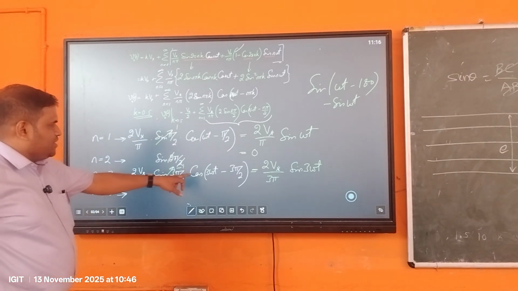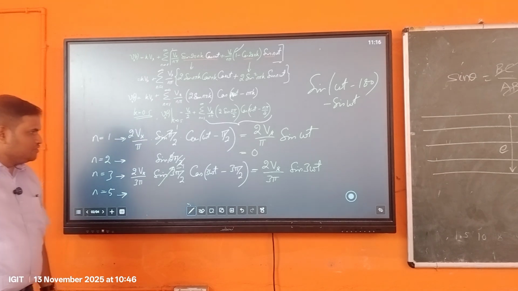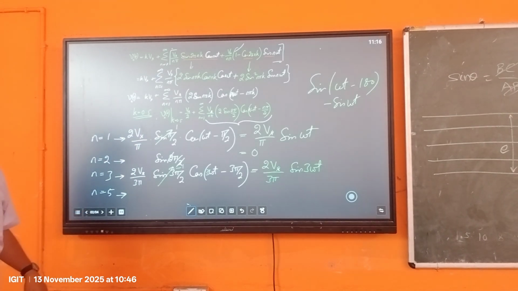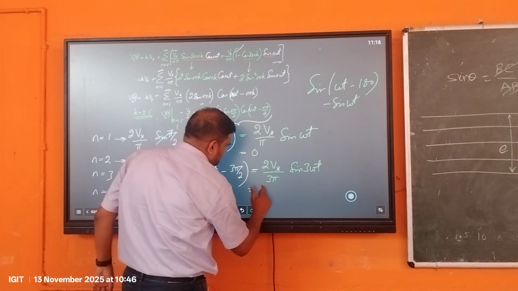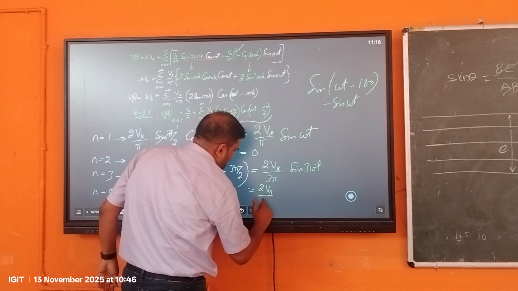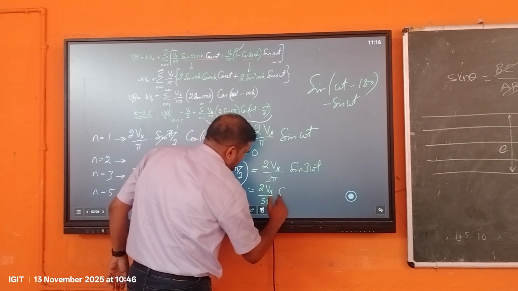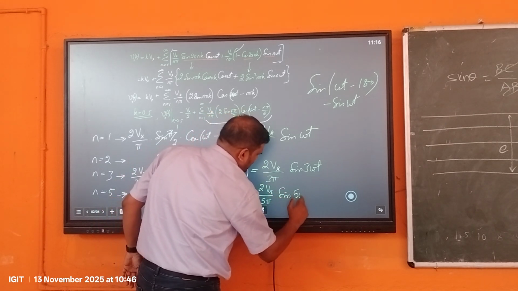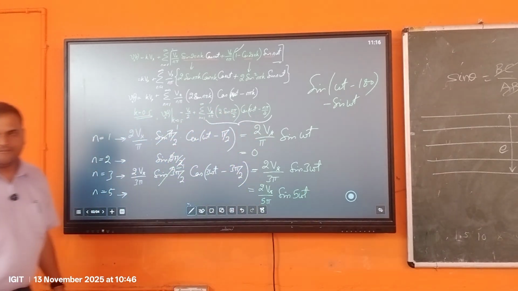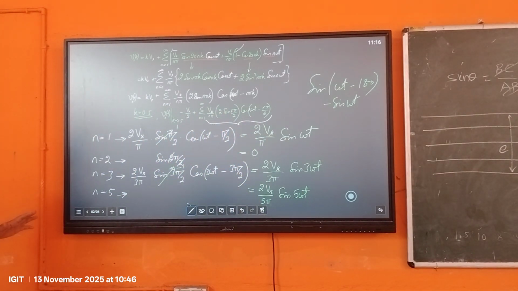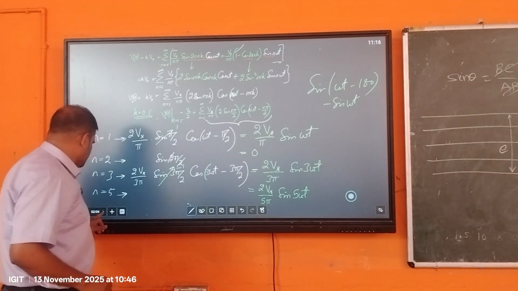That's why you need to write 3 here. Similarly for n is equal to 5, what is the equation? It will be nothing but 2Vs by 5 pi sine of 5 omega t. Clear? So finally we get equations like this.